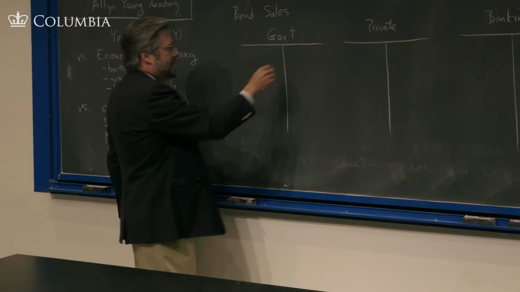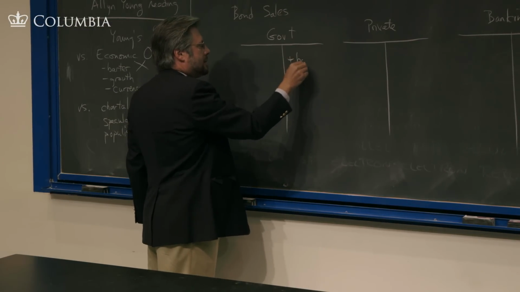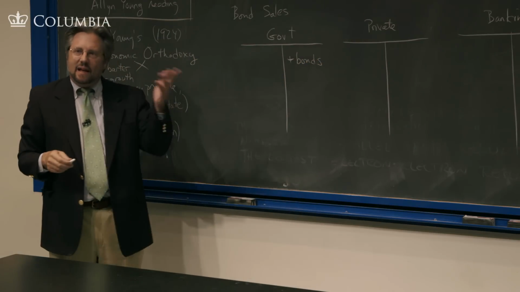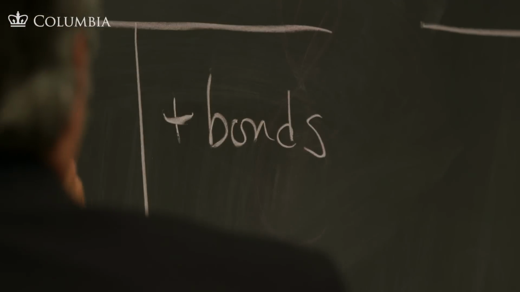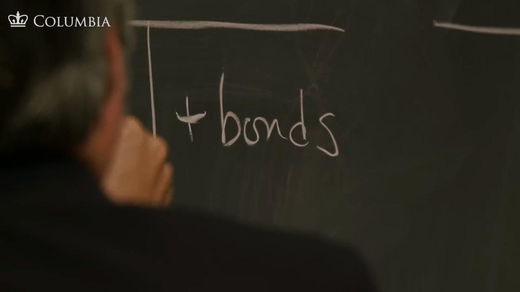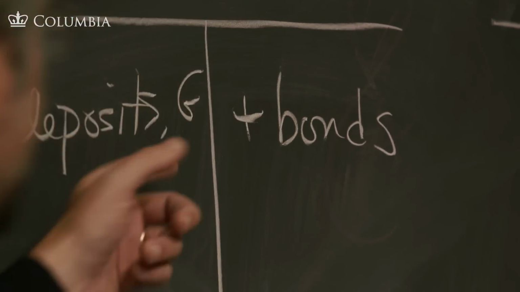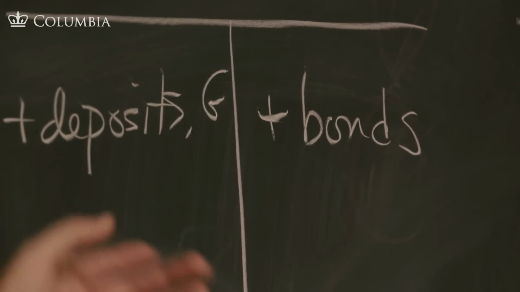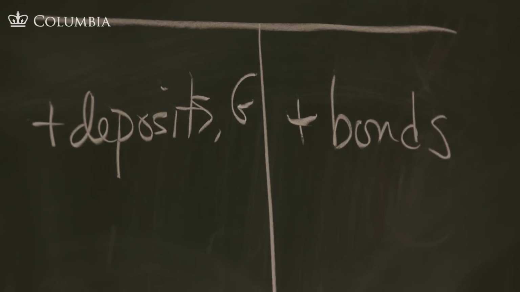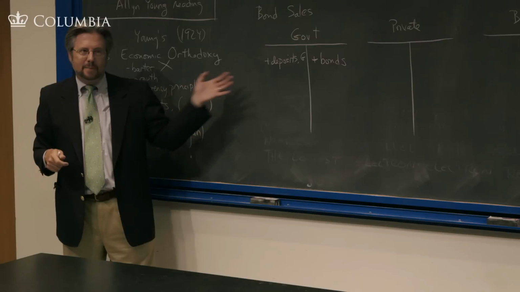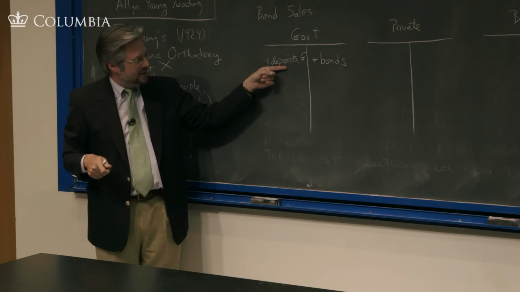It's trying to issue some bonds as a liability and sell them, receiving in return deposit accounts. And I'm saying deposits, comma, G, that is to the credit of the government, that it can then spend on war goods. That's what it means to sell bonds. It means that you get deposit accounts here.